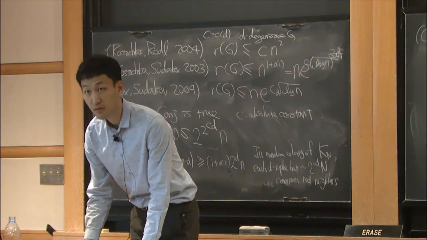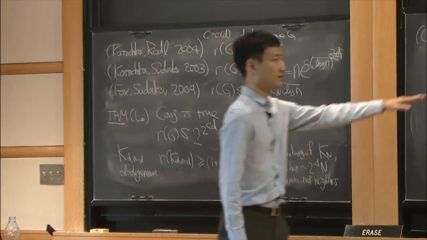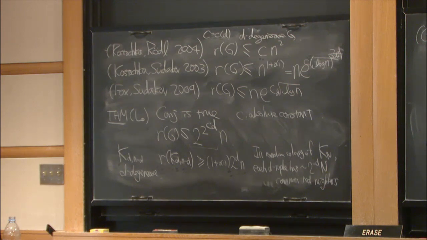Okay, so in the remaining time, I would like to show you the proof of this theorem with a slightly worse bound. I think I'm actually showing a 2 to the D plus 2 times n upper bound.